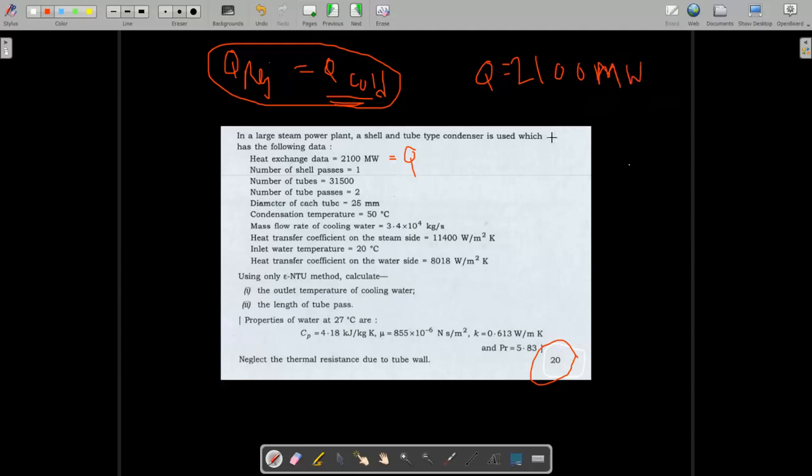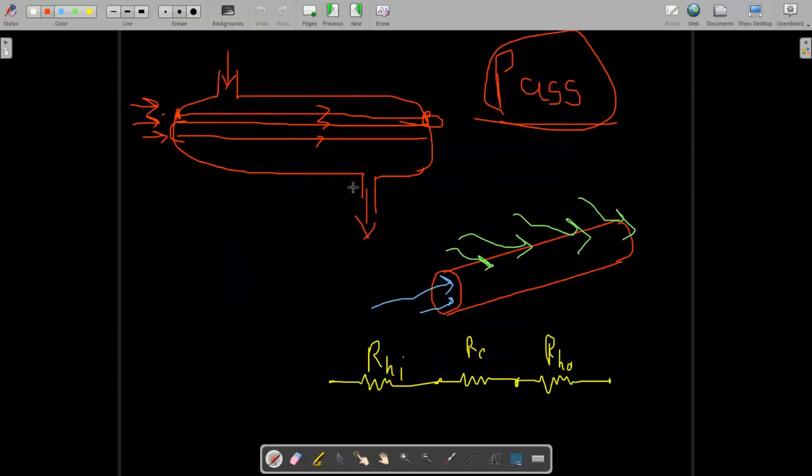The number of shell passes is 1, and the number of tubes is small n, and the number of tube passes is 2, which I am writing as P. What is the number of passes? From one end to the other end, and it comes back to the first end. If the fluid goes like this and comes out, this is the first pass and this is the second pass.